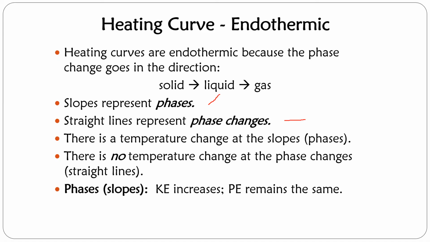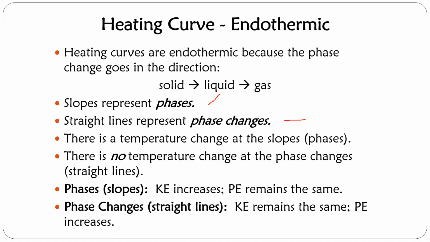Now, for those phases, for those slopes, because we were increasing the temperature constantly, remember temperature is the average kinetic energy. So because we were increasing the temperature, the kinetic energy was increasing and potential energy was staying the same. But during the phase changes, because the temperature was constant, the kinetic energy was also constant. But the potential energy was increasing this time, because all of that energy was being stored up.